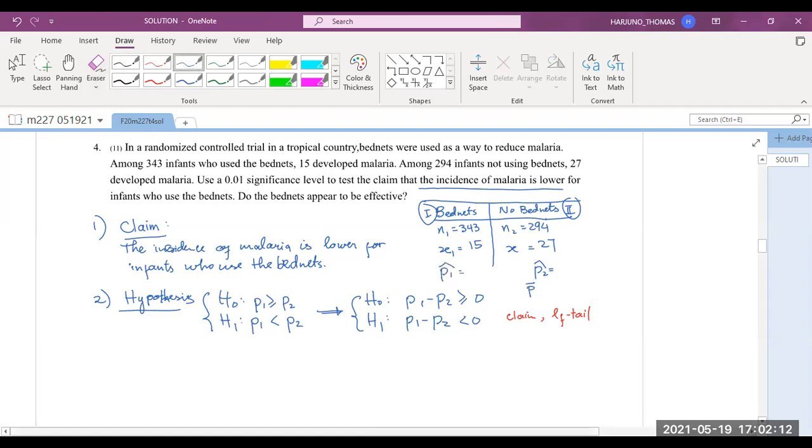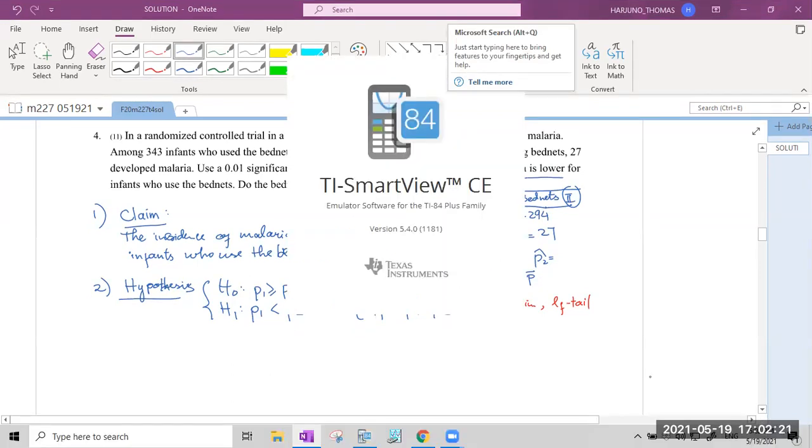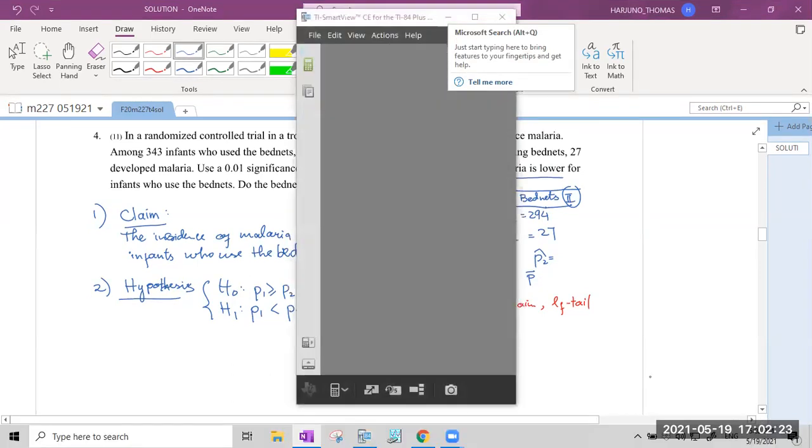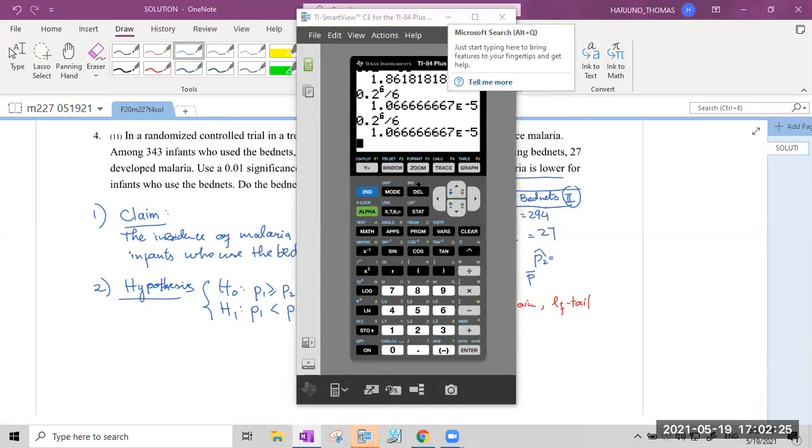Now let's just use the calculator right away. I will plug in these numbers to help me compute them fast. Okay, so I go to stats, tests, to the proportion z test. I hope you remember which one that is.